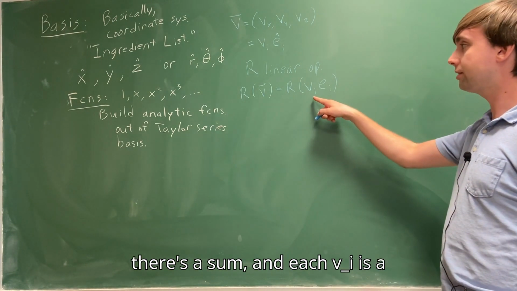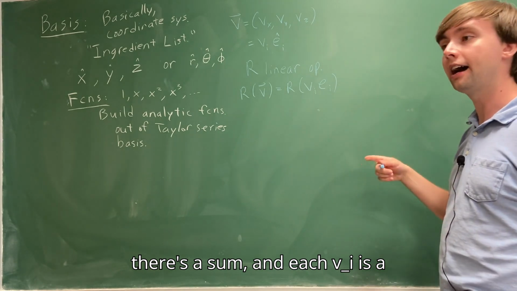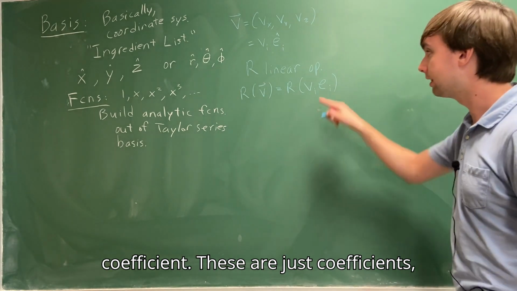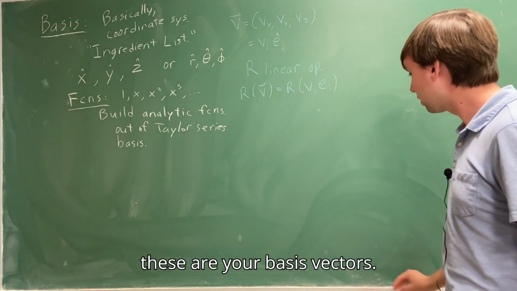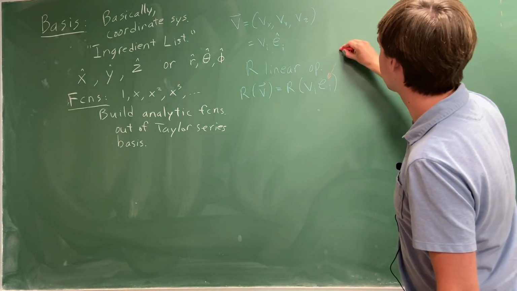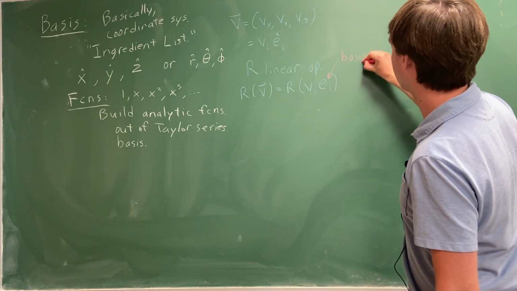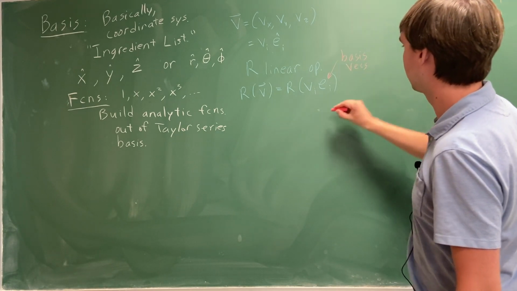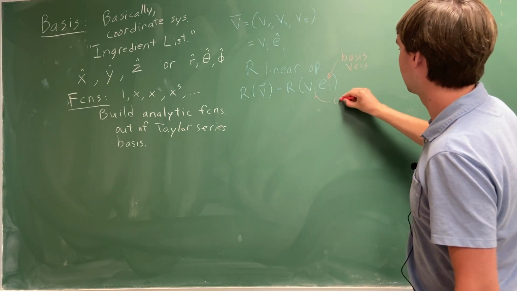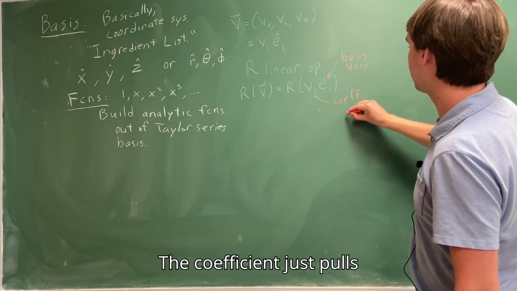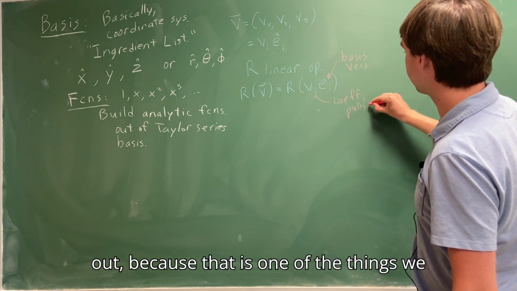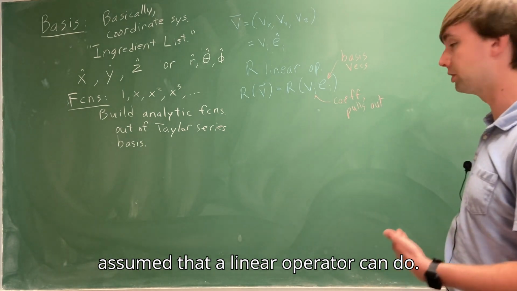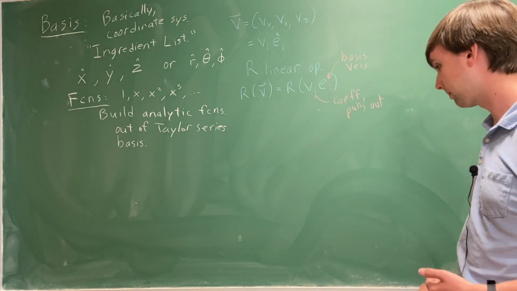So implicitly there's a sum, and each v_i is a coefficient. These are just coefficients. These are your basis vectors. The coefficient just pulls out, because that is one of the things we assumed that a linear operator can do.